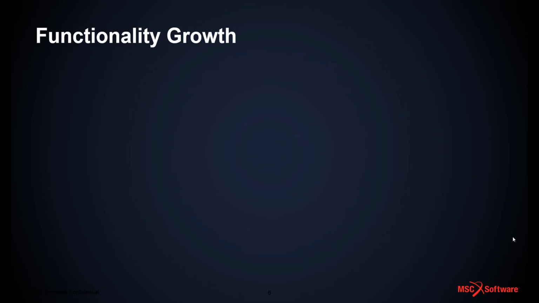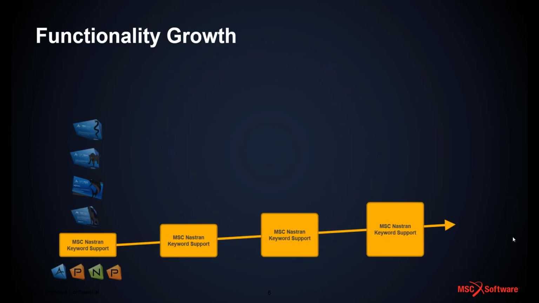So, functionality growth. Pretty early on, Apex in the companion sense had some keyword support, so we could build a mesh, we could propertize that mesh, certainly for metallic isotropic materials, and then export the resultant bulk data file into Patran for development, again for maybe composite materials, or more involved or exotic loads and boundary conditions.